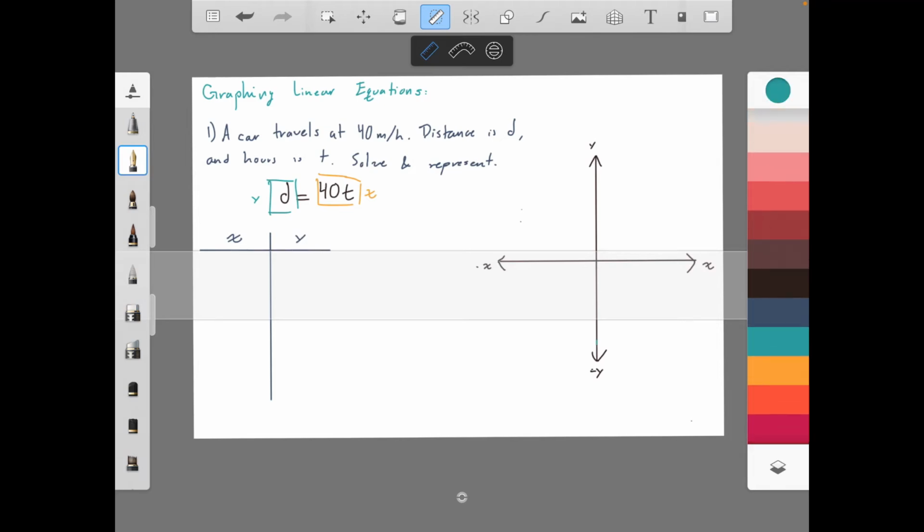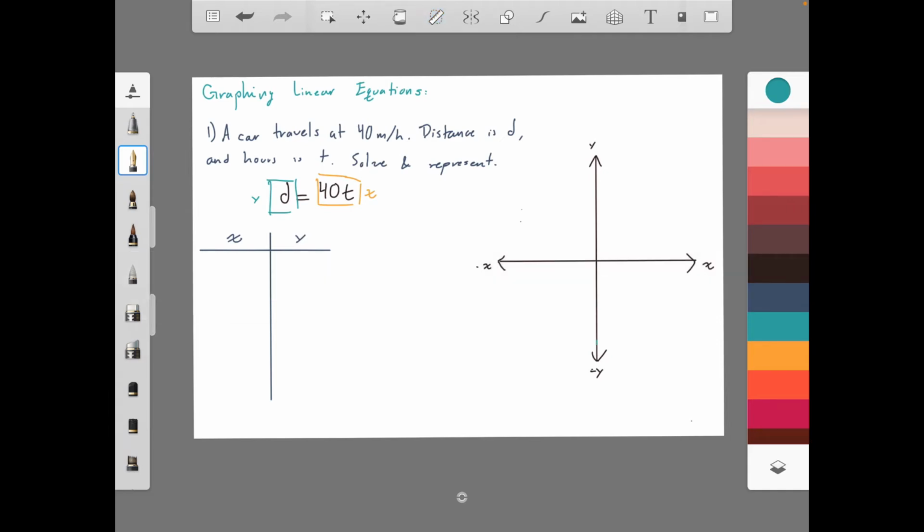So what you do now is pick any random values for x. Let's say 0, 1, 2, 3, 4 and 5. Now we apply the given equation, which is this one over here.